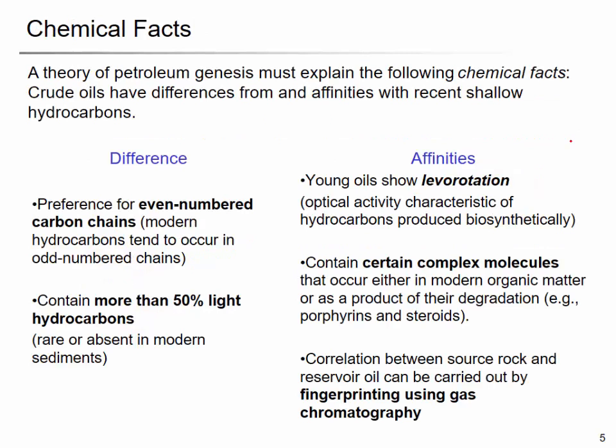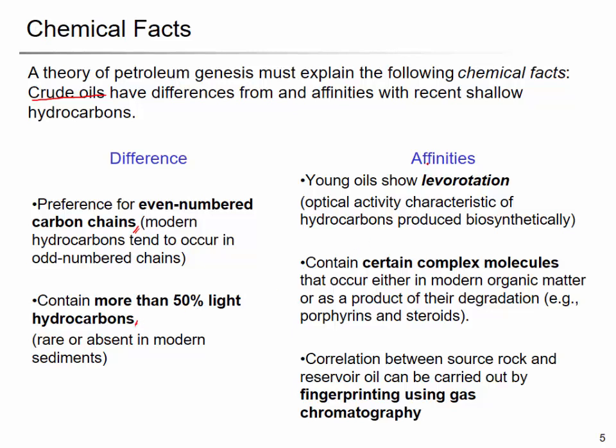There are also chemical facts about crude oil. The deep oil you find in the hydrocarbon reservoir has differences from, and affinities with, the recent shallow hydrocarbon. The difference is that this crude oil has a preference for even-numbered carbon chains, which is very odd, and it contains more than 50% light hydrocarbons.